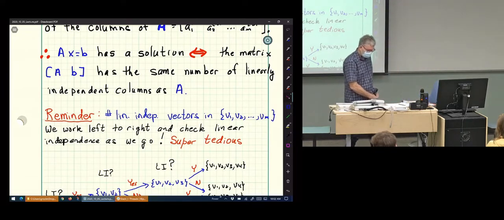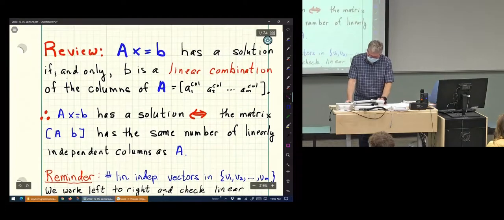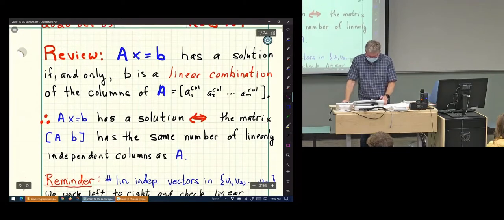Okay, so what I was saying, we started out at the beginning of the semester. We wrote down these equations with 2 and 3 terms. It was really tedious to go through and determine if we had a unique solution, no solution, or an infinite number of solutions.